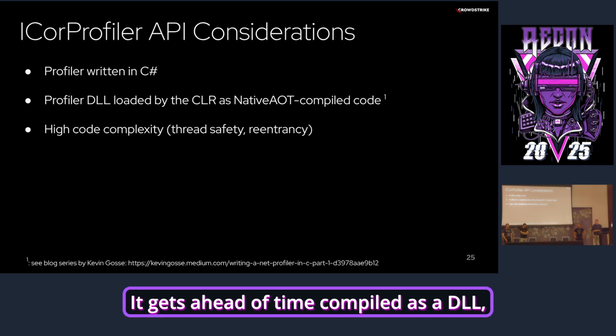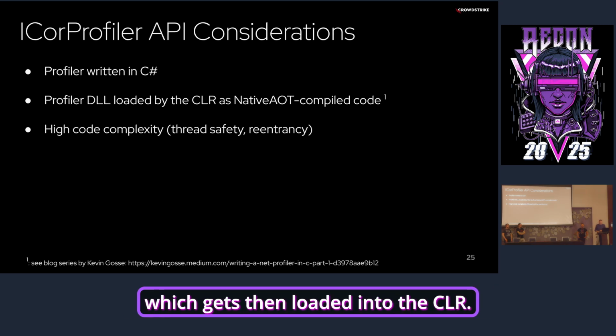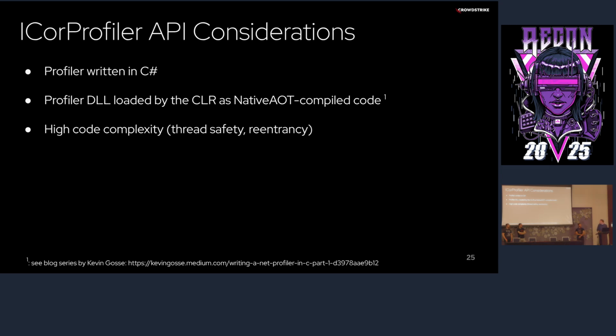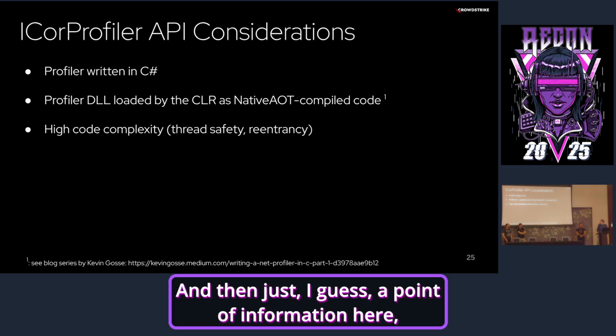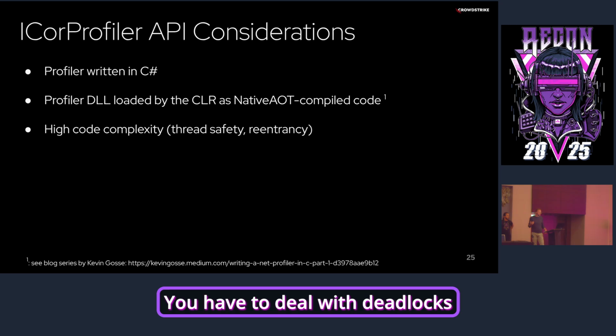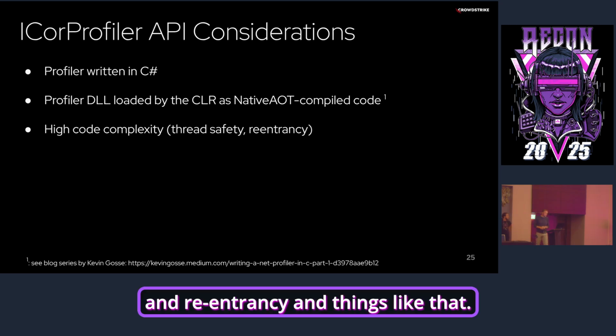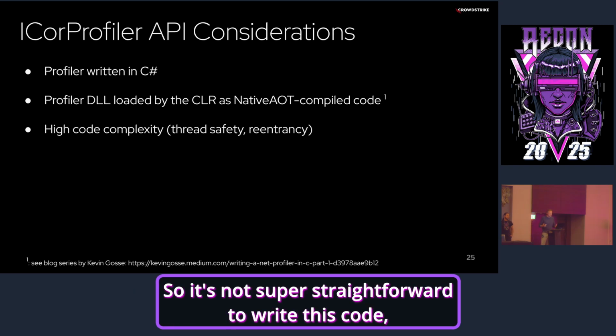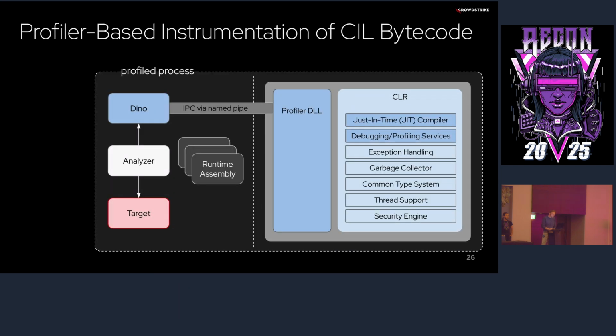It gets ahead-of-time compiled as a DLL, which then gets loaded into the CLR. And just a point of information here: because of the callback-based interface, the code complexity is pretty high. You have to deal with deadlocks and reentrancy and things like that. So it's not super straightforward to write this code, but obviously it can be done.